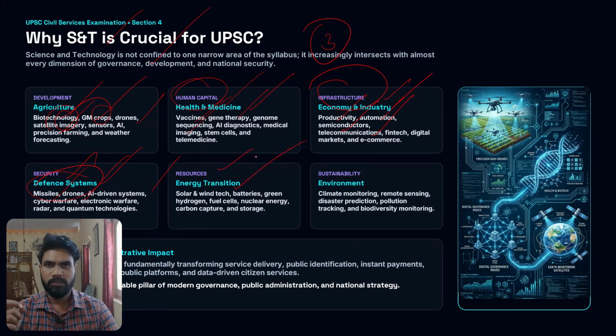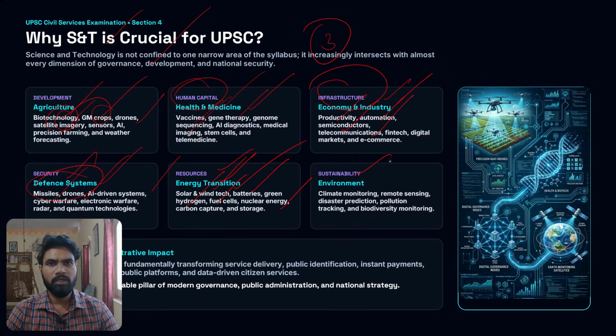Then in resources, once again in GS paper 3 economics, in concepts like energy transition, which has become a buzzword. UPSC has already asked questions on energy transition 2 to 3 times. As part of that, solar and wind technology, battery technology, green hydrogen, fuel cells, nuclear energy, etc. Along with the concept of energy, you are also studying science and technology.